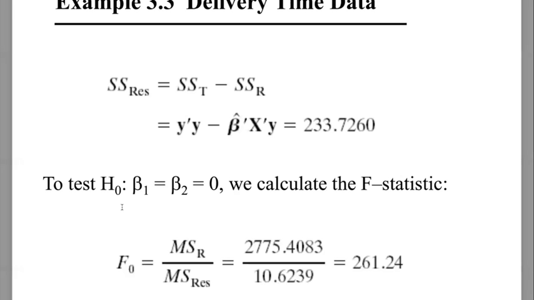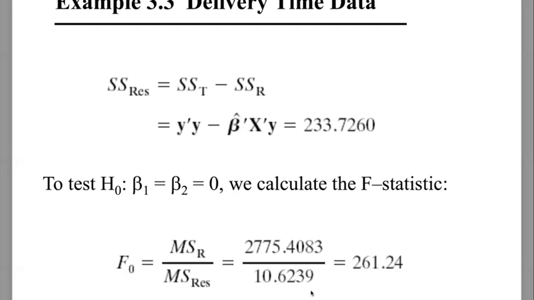In order to test that hypothesis, we calculate the mean square due to the regression and the mean square error, and take that ratio. The numerator, the mean square regression, they've calculated as 2,775.4083, and the mean square error is essentially 10.6239.